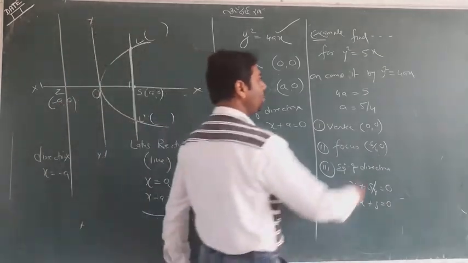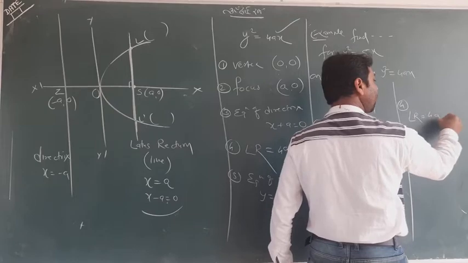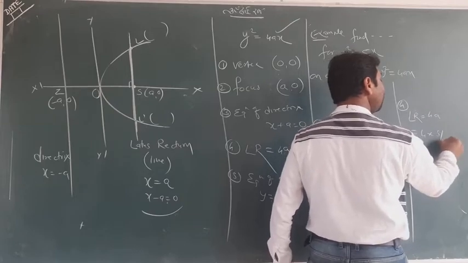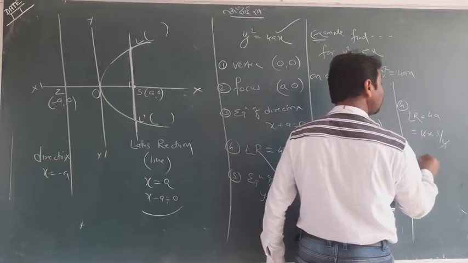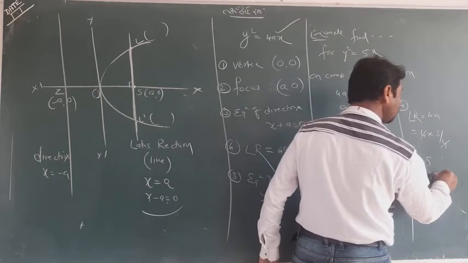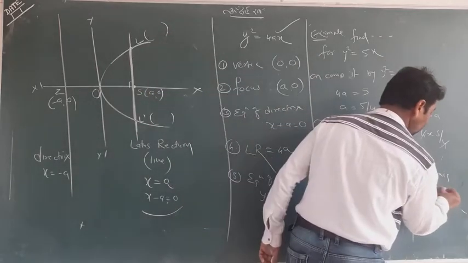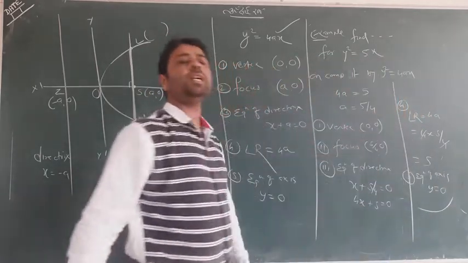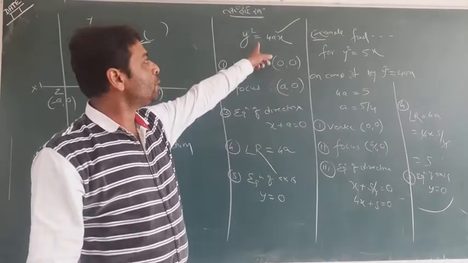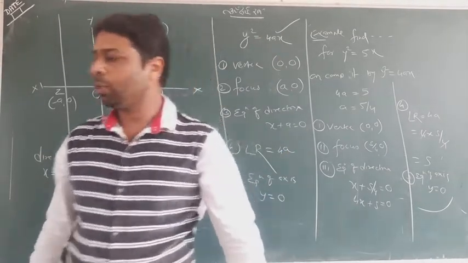The fourth is the latus rectum. It's 4a, which is 4 times 5 by 4, and the 4 cancels, giving 5. And last, the equation of the axis. Its answer is y equal to 0. So these are all the answers we can easily find for the first parabola, which looks like y square equals 4ax. I hope, students, you are getting it.